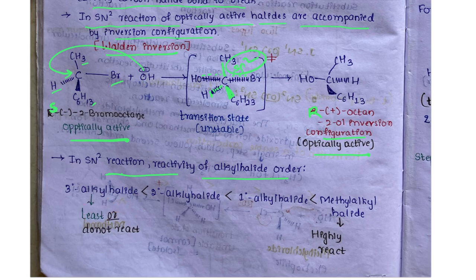Secondary alkyl halides react in an SN2 reaction, but preferably primary is better. Methyl alkyl halide is mostly or highly reactive. So keep in mind methyl, primary, secondary are preferred for the SN2 reaction, but tertiary is totally not preferred.